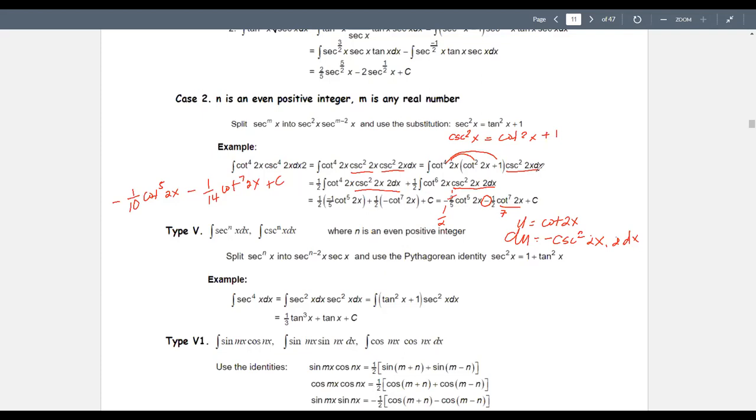Do you follow? Do you have any questions? Don't have any questions? Do you get the explanation for case 2, how it's different from case 1?